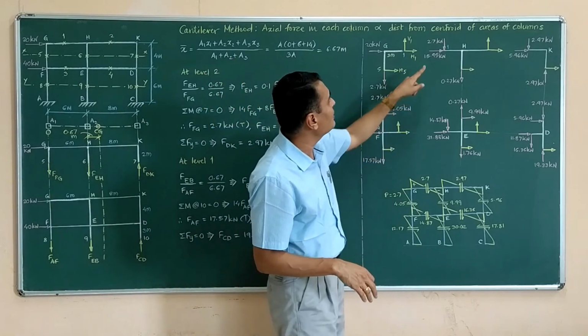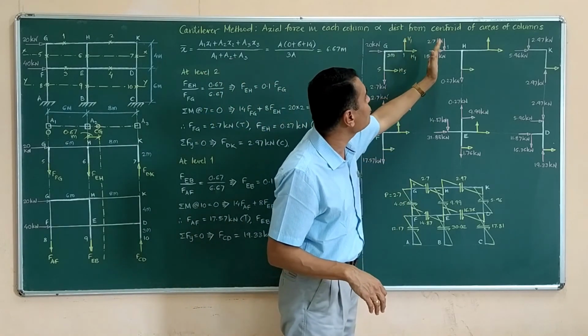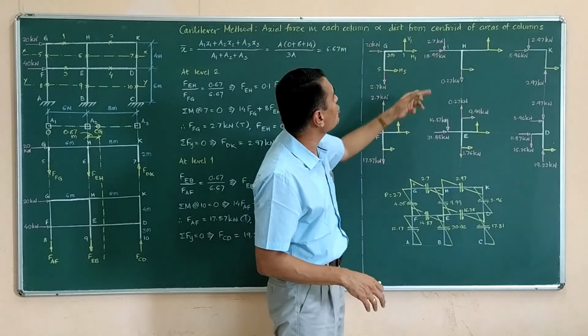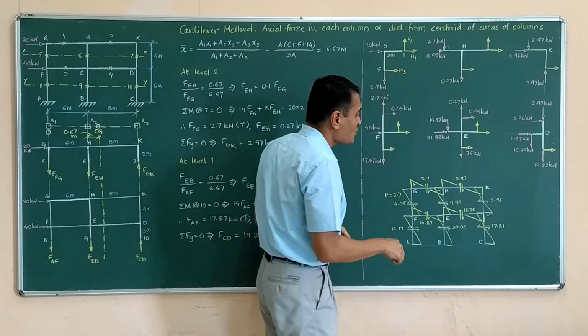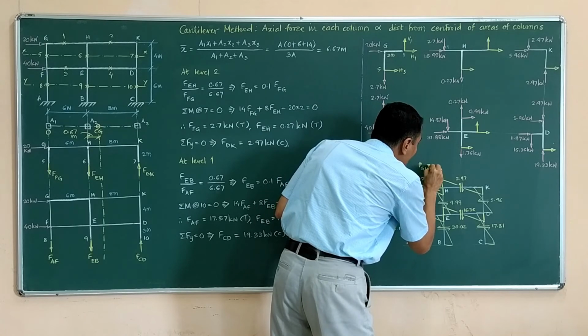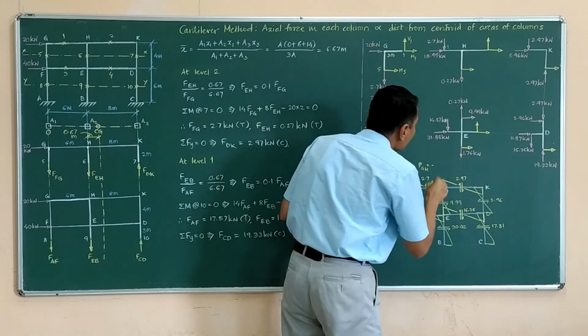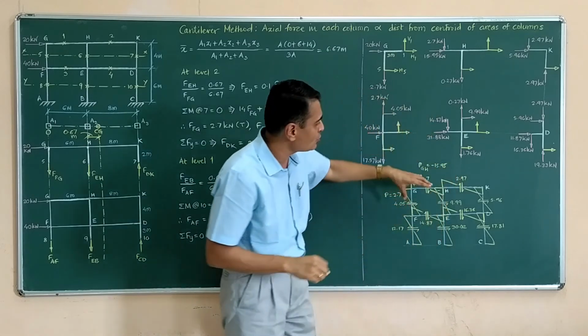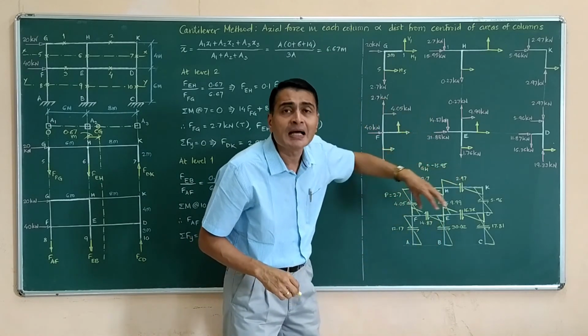On the other hand, clearly this is a pushing force, not a pulling force. That means it is compressive force. So this F of GH, you will be writing here. You may write P of GH or you may write F of GH is equal to negative 15.95. That is your axial force in this particular member.